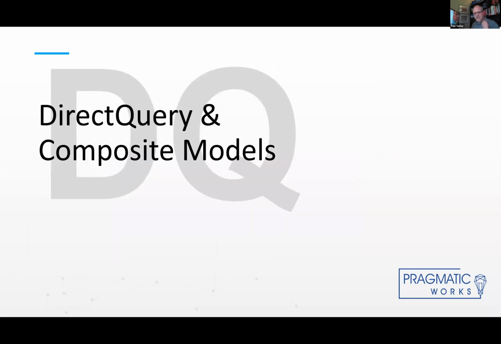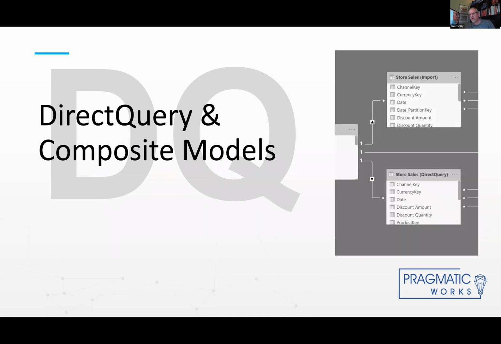This is a topic that I'm just going to mention. I do have another model where I've built a composite model, but we have had the ability for, I think, going on about 2 years now, to create a model where tables can either be imported, which means that a query runs, that data gets sucked in and stored inside the in-memory model, and then we run DAX calculations against it.